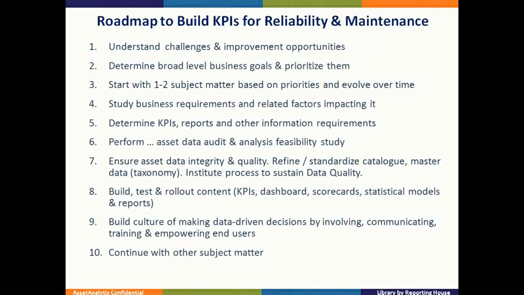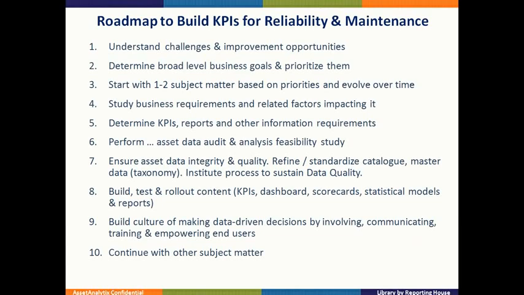Overall, the approach that one can take can be a very big deal in some organizations, depending on their maturity, preparedness, leadership, and all the other things that we talked about. The question is how do we build this, with a focus on reliability and maintenance as an example.